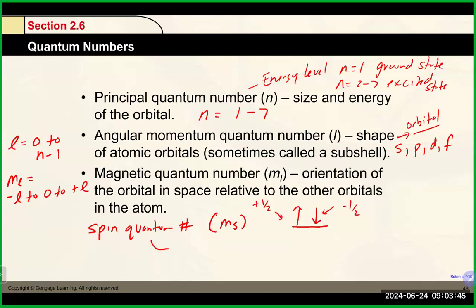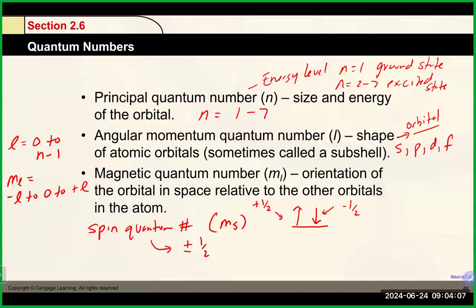So plus or minus 1/2 are the possible values for the spin quantum number. Electrons have their own spin, affected by electrical fields and all that kind of stuff. If the electron goes in upward, it's positive 1/2. If it goes downward, it is negative 1/2.